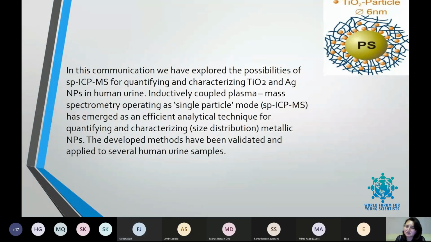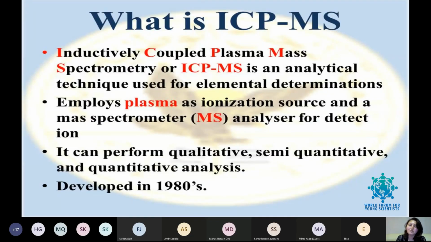and characterizing the size distribution of the metallic nanoparticles. The developed methods have been validated and applied to several human urine samples. But what about the ICP-MS?